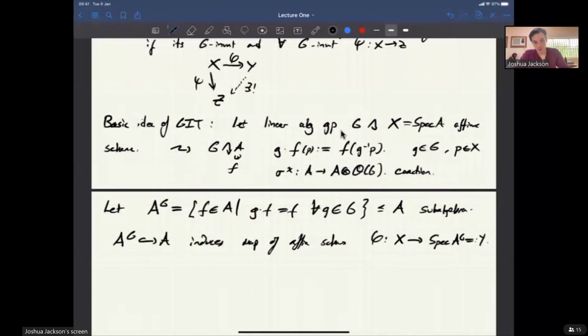So if I get a map in one direction for the rings, I get a map in the other direction for the schemes. And if you haven't, then you can take my word for it that if you have a map of regular functions, you get a map of spaces in the opposite direction. So the basic idea is that affine locally, our GIT quotient wants to be spec of invariants. And then if we want to do something which is not affine, we're just going to glue that together in an appropriate way.